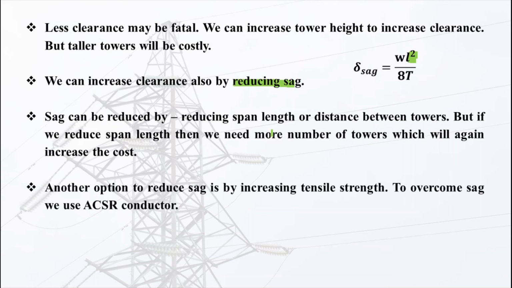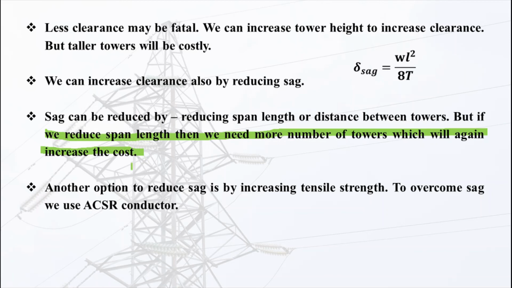See, here delta is directly proportional to L, meaning sag is directly proportional to L. So when L decreases, delta decreases. But when L decreases, there will be a need for more towers, and again the cost will increase.